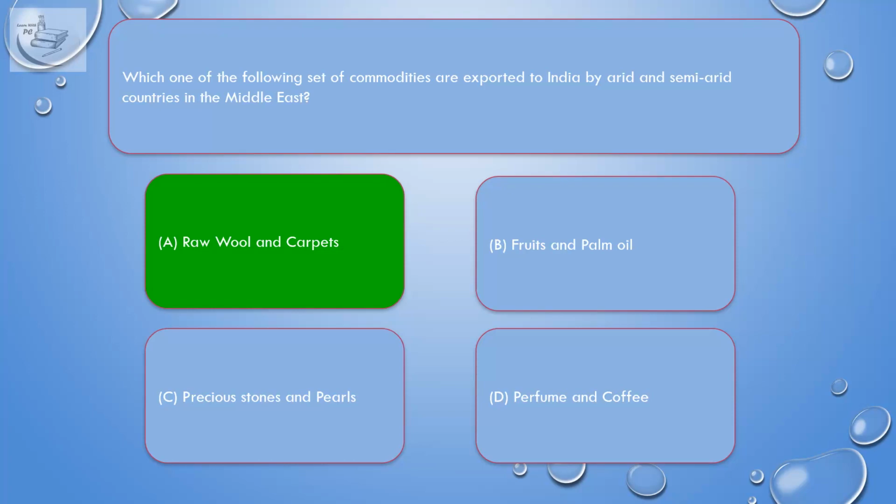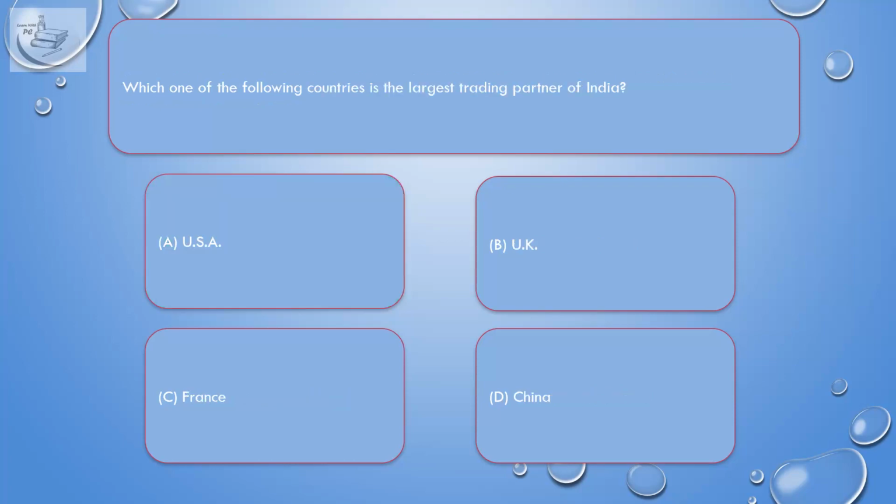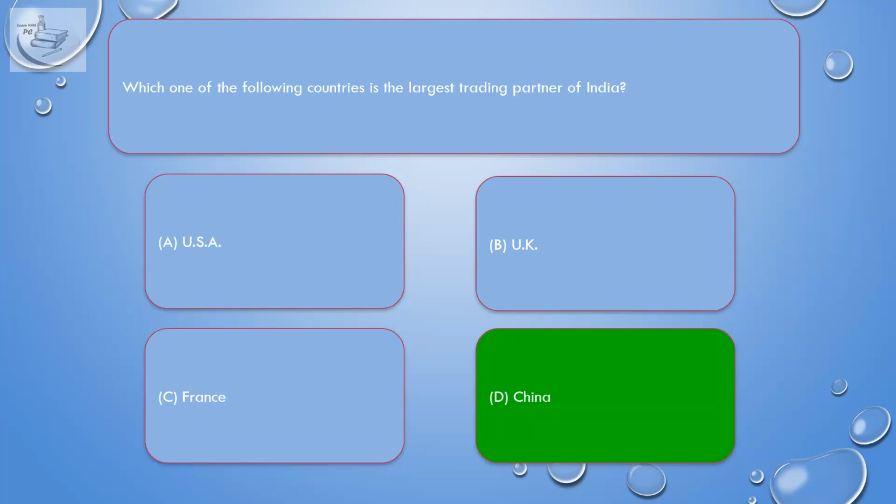Correct answer is A. Raw wool and carpets. Question: which one of the following countries is the largest trading partner of India? A. USA. B. UK. C. France. D. China. Correct answer is D. China.